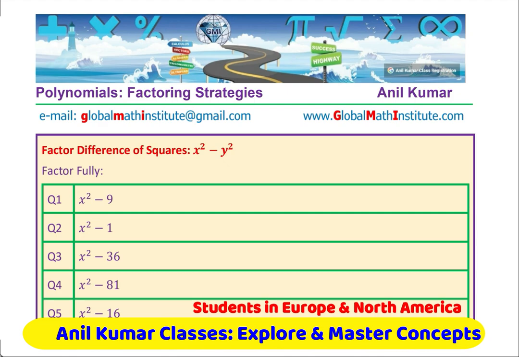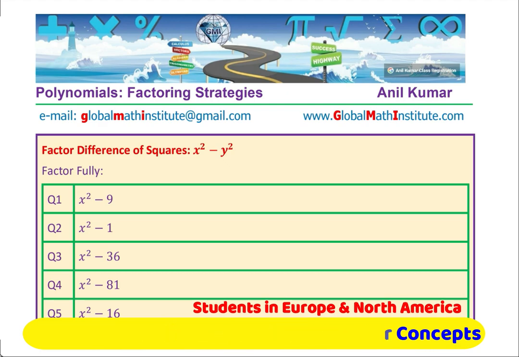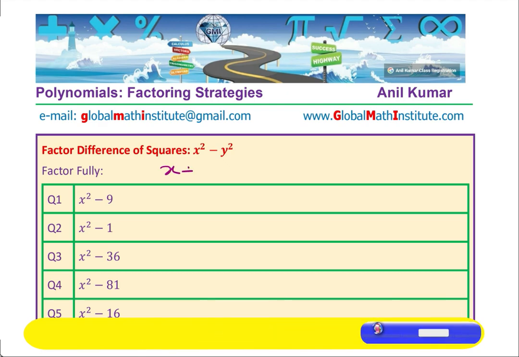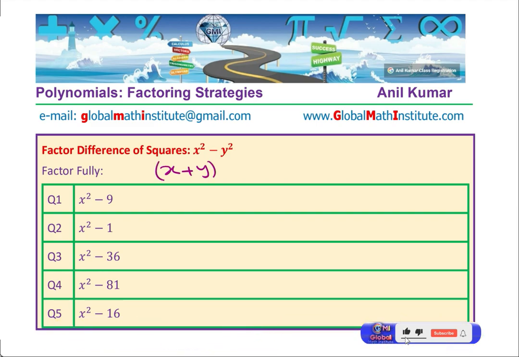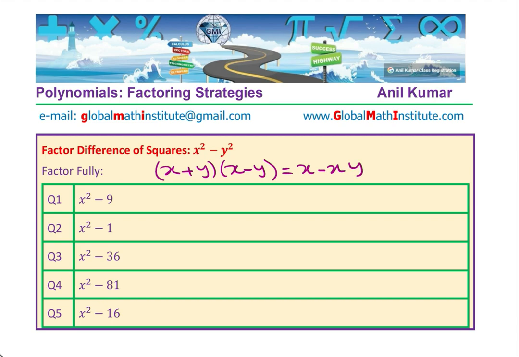Now let us see how do we factor x square minus y square. The basic concept is that x plus y times x minus y, when you multiply them, you get x squared minus xy, and then with y when you multiply, you get plus xy, and then you get minus y squared.